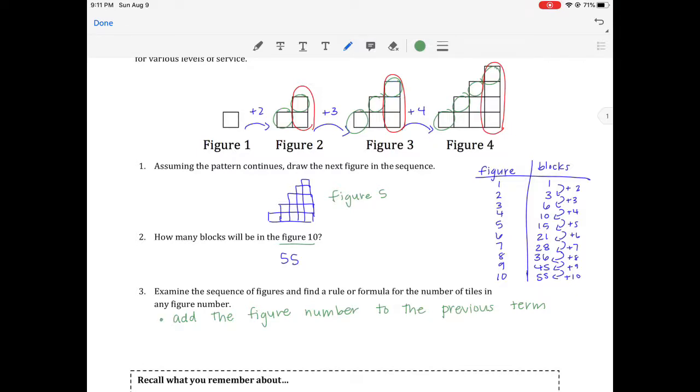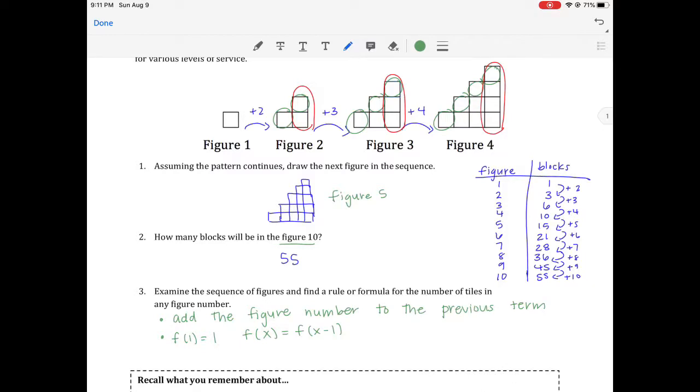If we wanted to think about a formula, I think a recursive formula would be pretty easy. So remember our recursive formulas? We start with f of 1, so how many did our first term have? In this case it had 1. And then we use f of x, or you could use f of n. I'm going to use f of x because that's how your homework does it. And then we have that funny thing like f of x minus 1, which means the previous term.